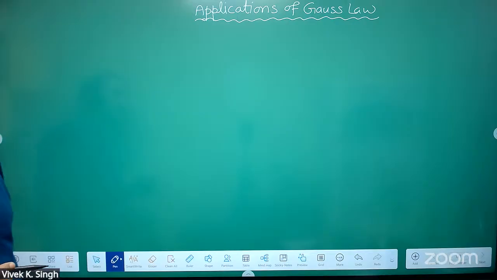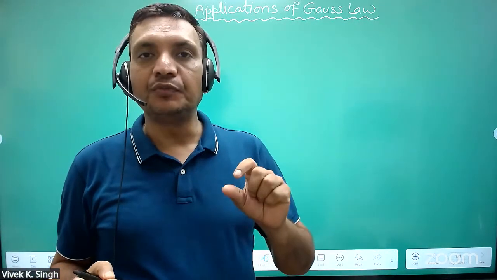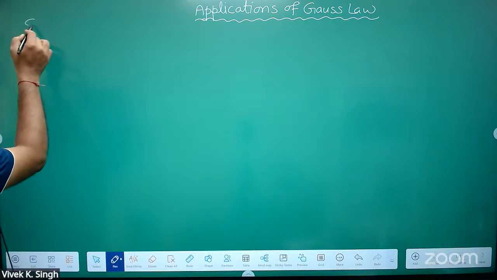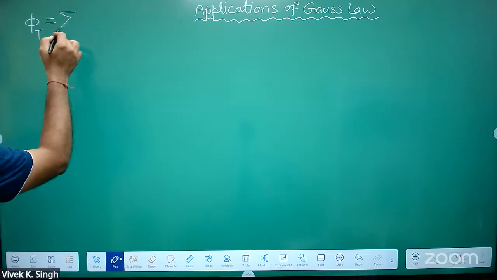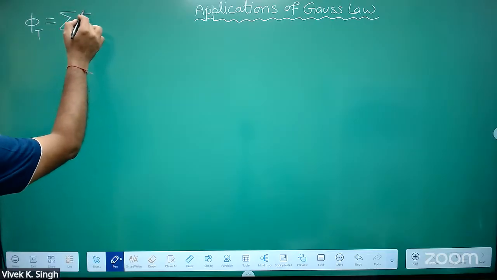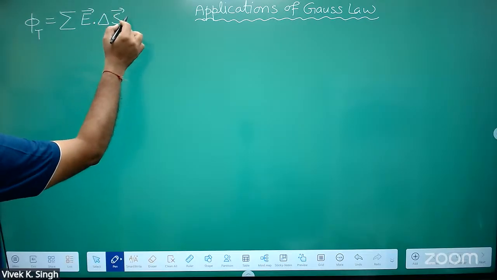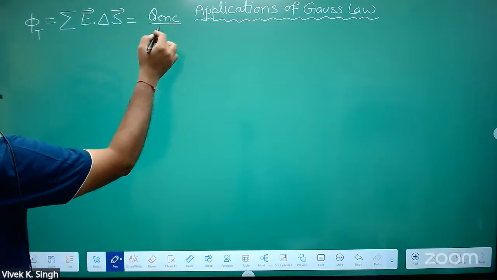So, as you know that Gauss law is valid for all surfaces, whether it is symmetrical or unsymmetrical, but it is useful for symmetrical surfaces only. So we know that the total flux through a closed surface, E dot delta S, will be Q enclosed by epsilon naught.